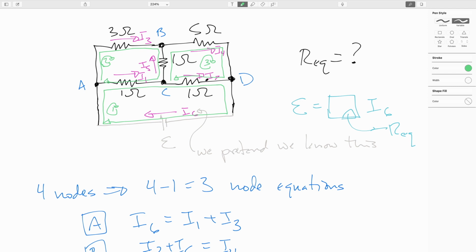And now we are going to be done with loop equations because we've gone through literally everything. Once you've gone through literally everything, you are out of loop equations, and you better hope you have enough equations. In this case, we will.